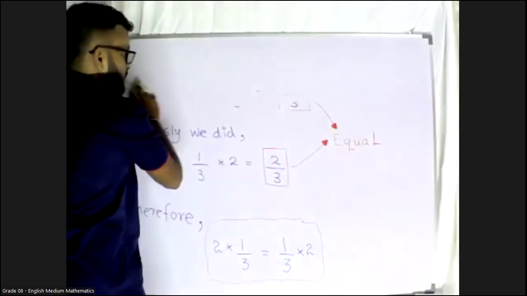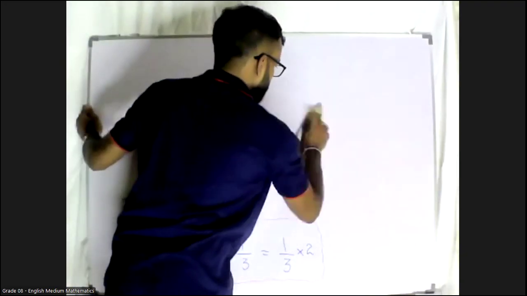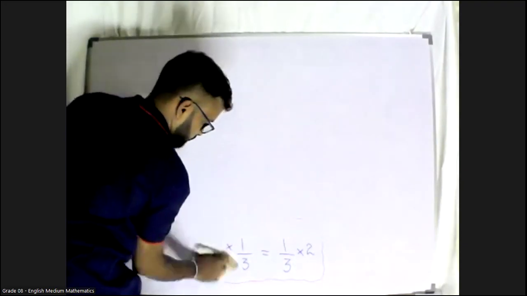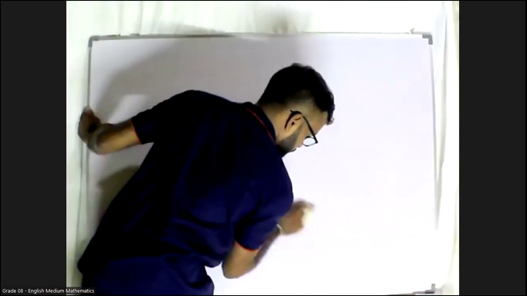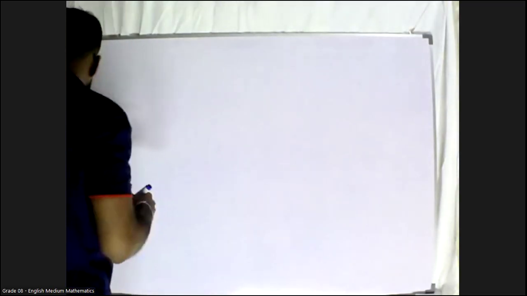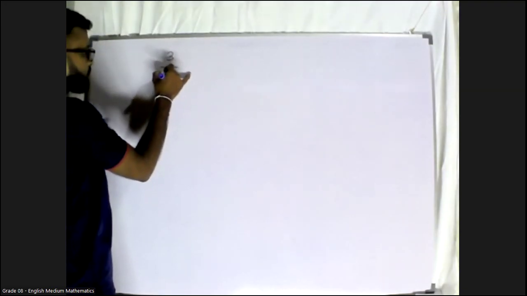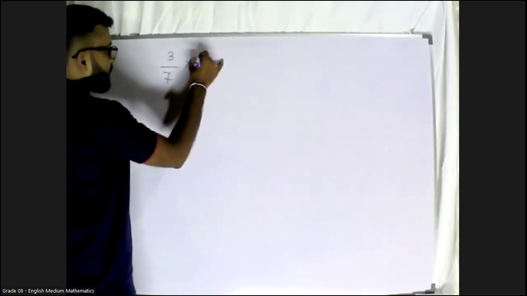Hope you can understand this. Let's do some examples for them. So 3/7 multiplied by 2.